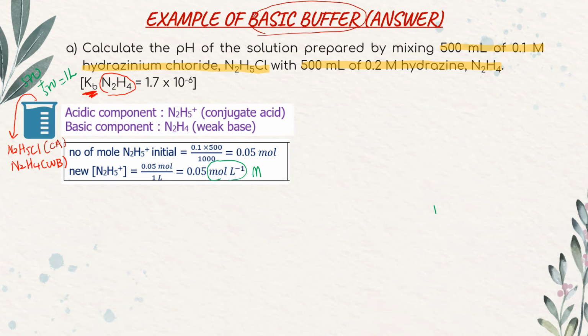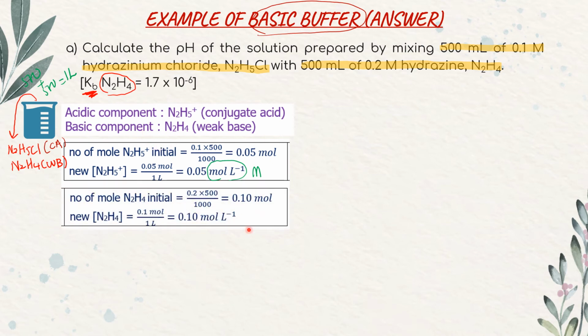So, kita dah buat untuk N2H5. Kita kena buat juga untuk kita punya weak base. So, again, the same step. Calculate the number of mole. So, 0.2 times 500 over 1000 dapat 0.1. Cari concentration yang baru, bahagikan dengan 1 liter.